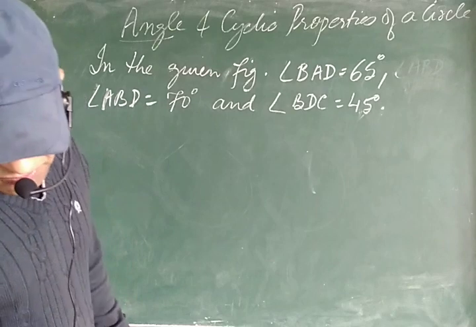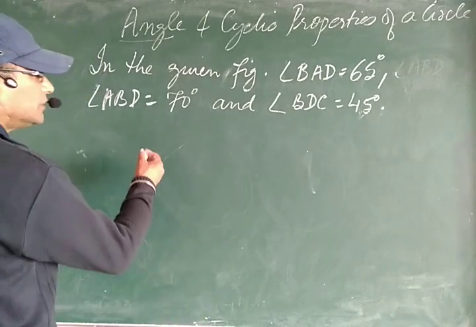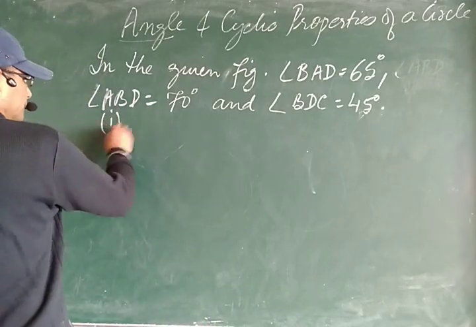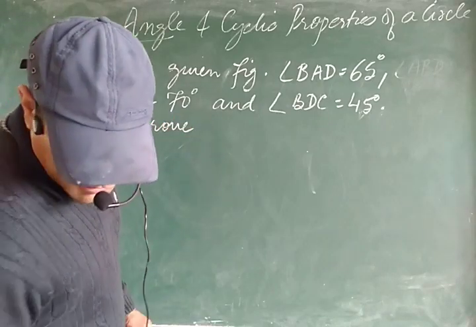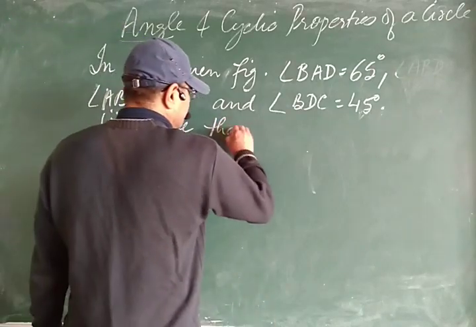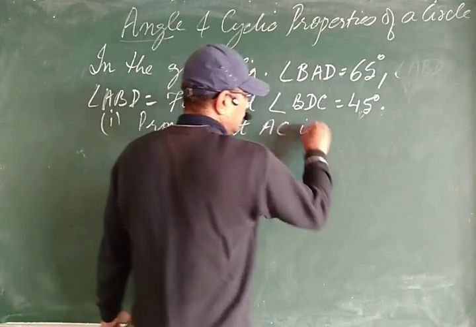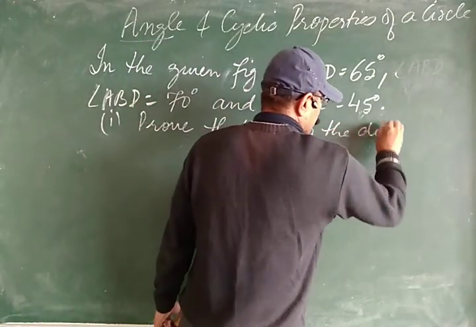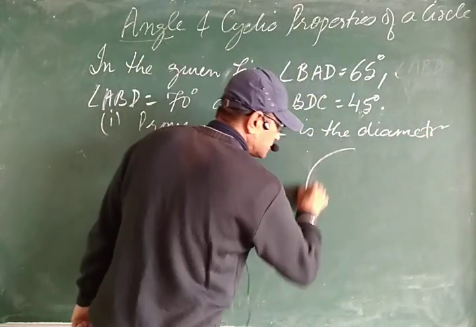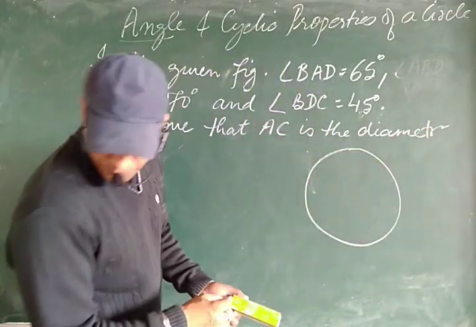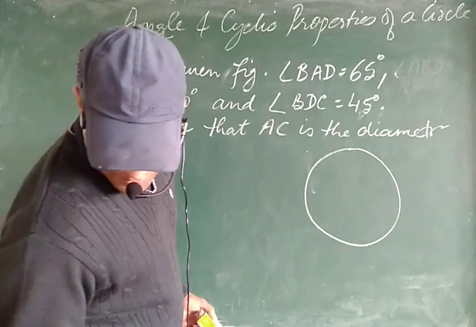Now, there are two things asked over here. First, let's prove this first, that AC is the diameter of the circle. Okay, let's take this circle. It's given ABCD.